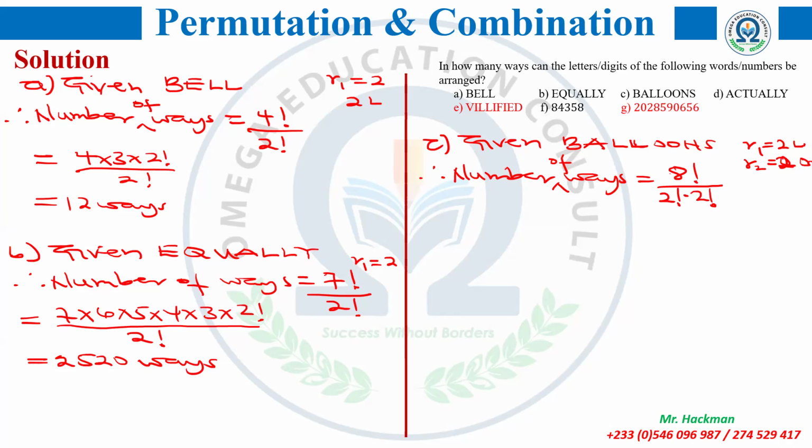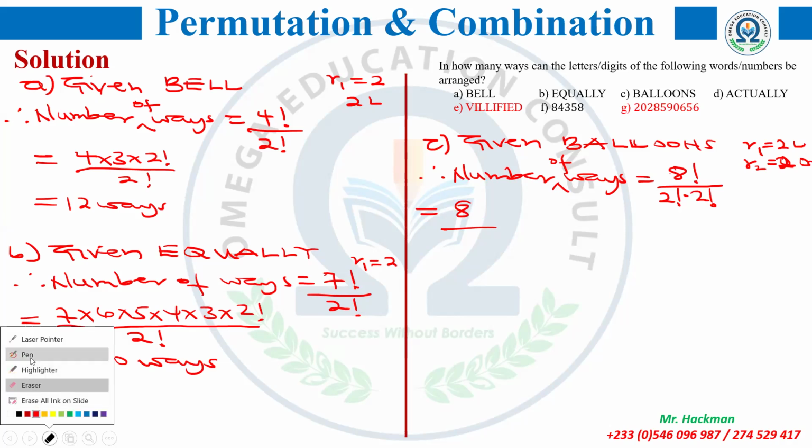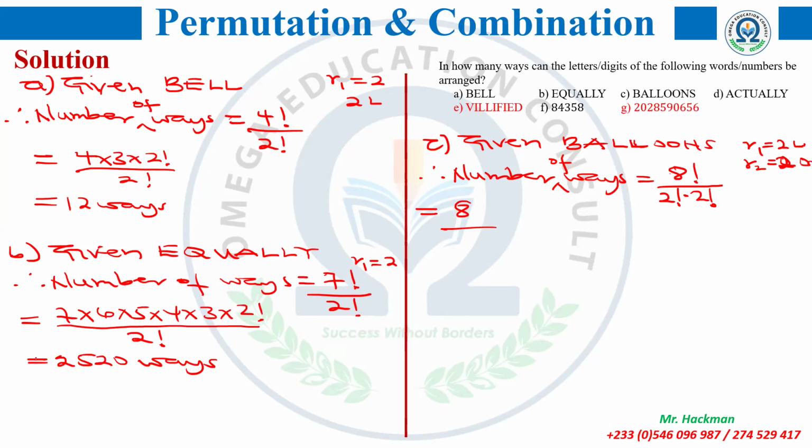Yes, sir. Okay, we'll do more, don't worry, if your understanding is not up there. So this gives us 8 factorial over 2 factorial times 2 factorial. We could have expanded that straight away. Remember when we were doing the simplification, we said go for the bigger number, but unfortunately, all of them are the same, they have the same value.